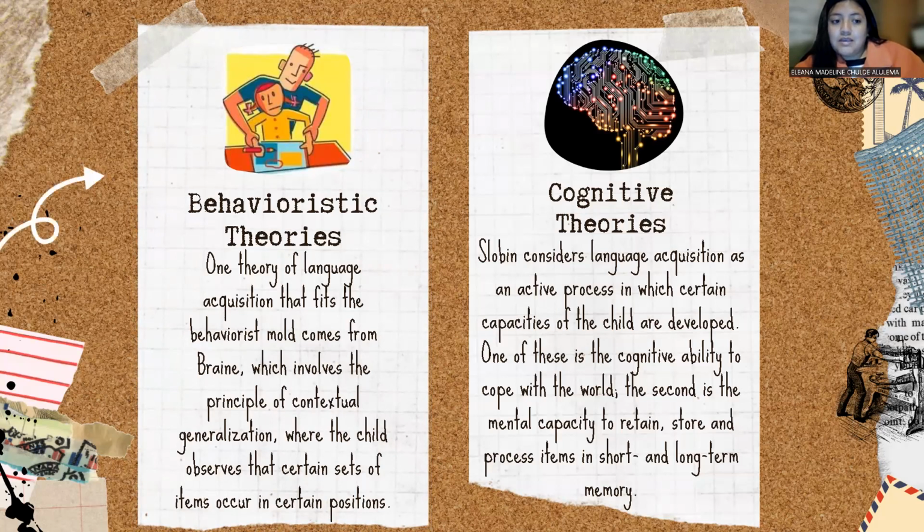He makes generalizations about the positions rather than about the sets of items that occupy them. Consequently, this theory attempts to explain how the child acquires the hierarchical grammatical structures of sentences, where Braine claims that transformations can be learned through contextual generalization.